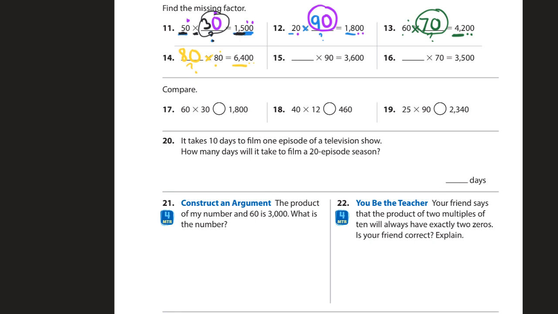Let's take a look at number 21. It says the product of my number and 60 is 3,000. What is the number? Let me try to write that using just numbers and symbols. The product, well, I know the product is the answer to a multiplication problem. These are factors.